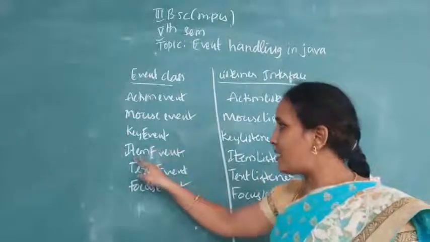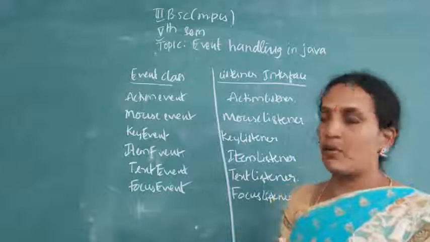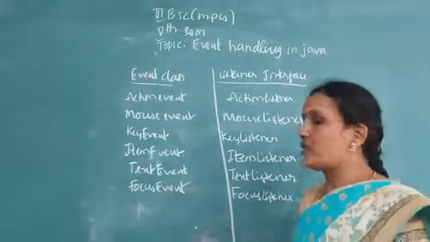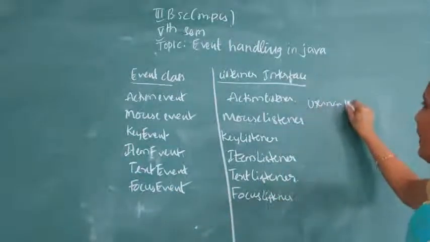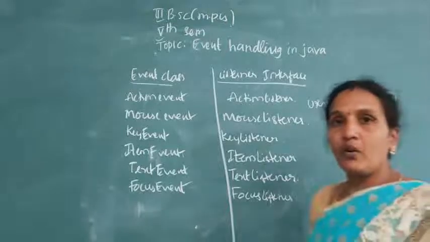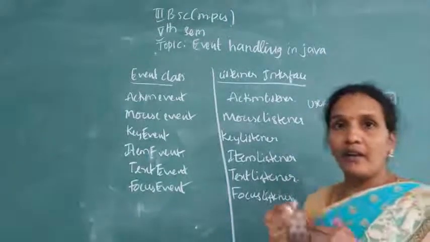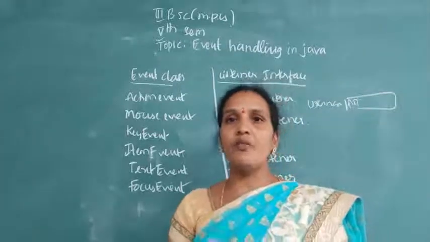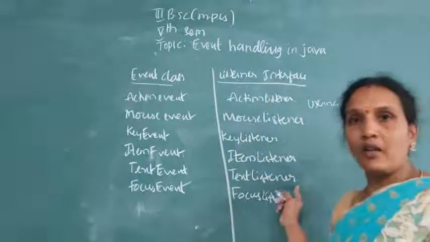Next, item event. Whenever you are selecting any item on the screen, like a checkbox, the item listener should be called. And text event: for example, there is a username and a text field, and you are entering some text here, example ABC. Whenever you are entering text, the text listener should be called.